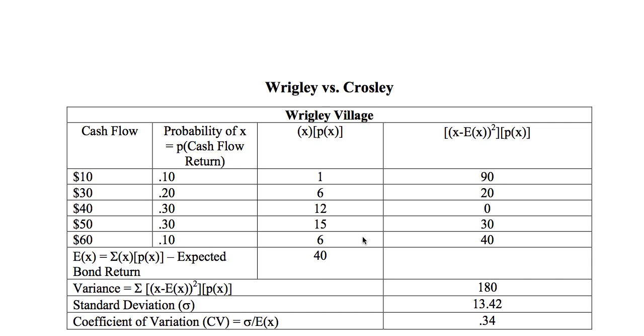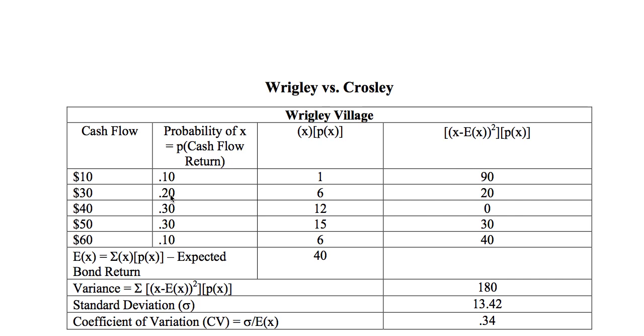So to come up with 90, we go to our first scenario and say, okay, 10 minus 40 is 30, right? We're going to square 30, come up with 900, and multiply that by the probability, 10%. So that's 90.